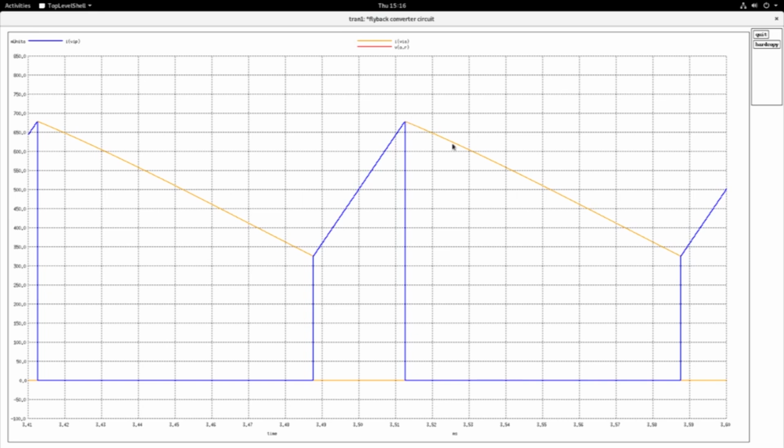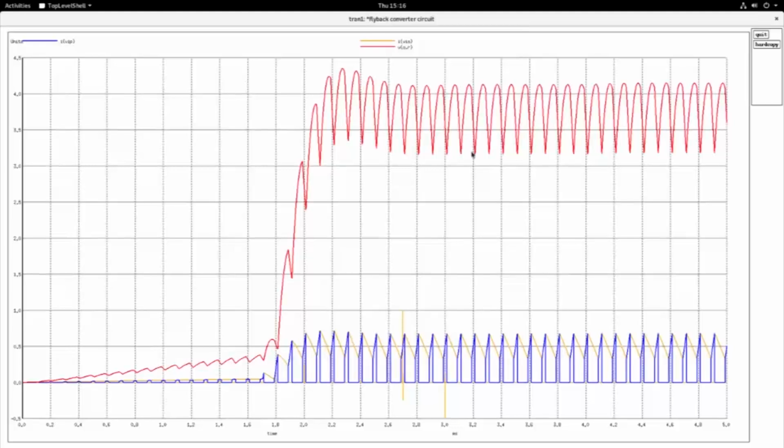And during the off time, the secondary of the flyback converter, VIS, the secondary current, is as given by this yellow shaped waveform. So this is the primary and the secondary currents, and you see the red waveform here.